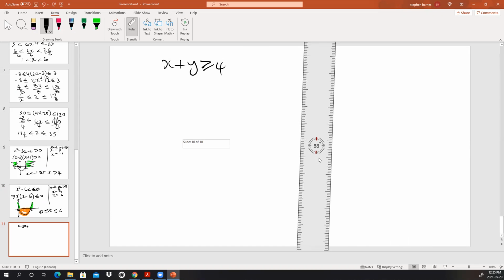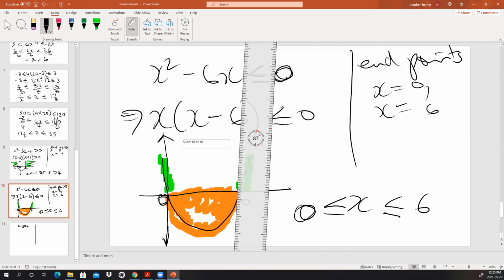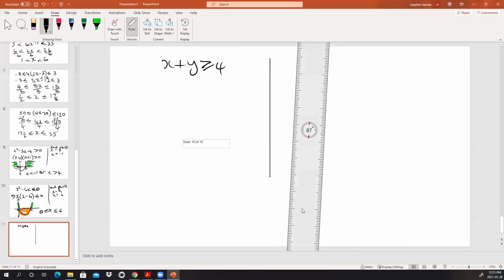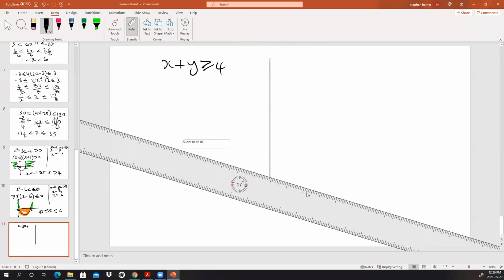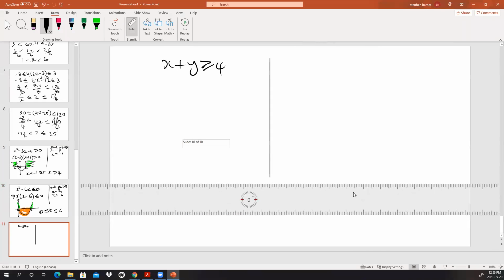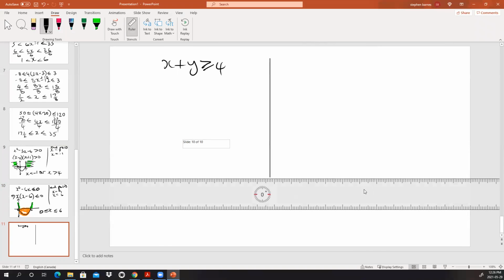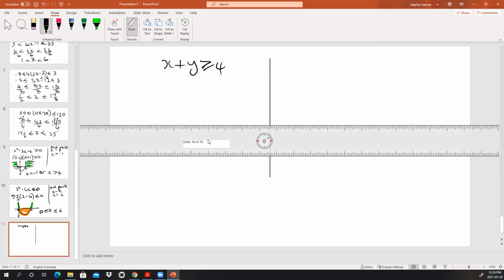All right, it's okay, finally 90 degrees up here. So finally a straight line. All right, let's see now. Or maybe I'll put it slightly in the middle.